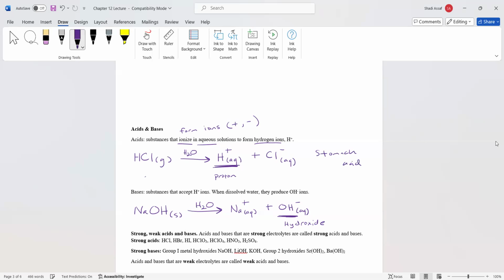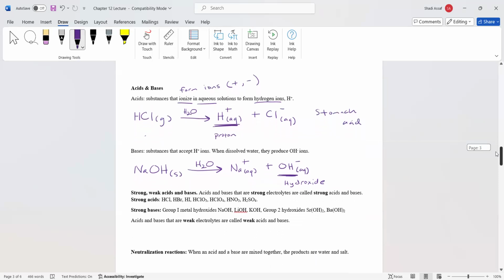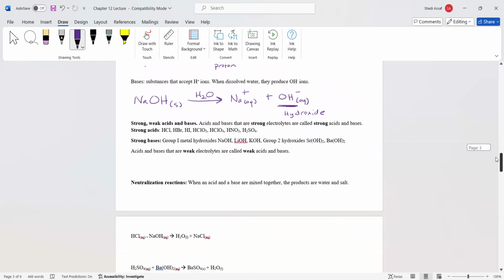Now again, this is a brief definition. Let's talk quickly about strong and weak acids and bases. Acids and bases that are strong electrolytes, meaning they dissociate completely or almost completely, are called strong acids and bases. And here's the list. You should commit it to memory, because once you know these, then everything else is considered weak.